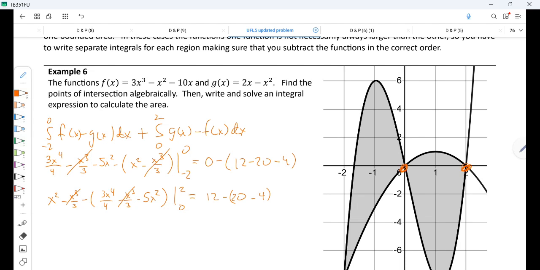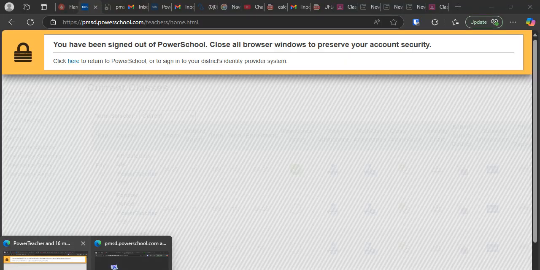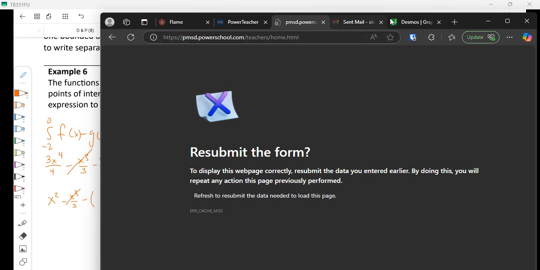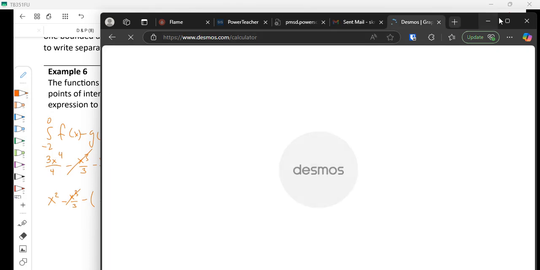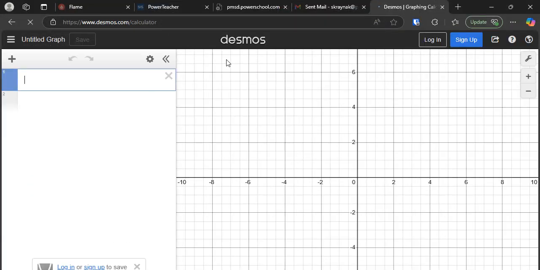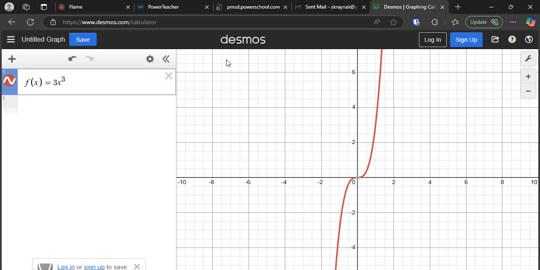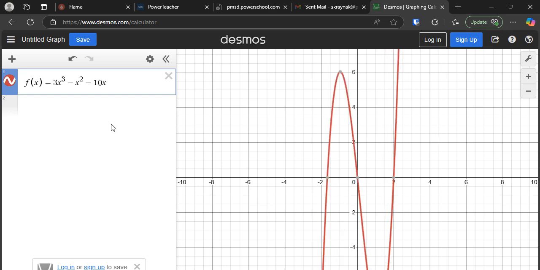It's the -2, never really. All right, quick Desmos here. Make sure I didn't mess up the drawing. I can't imagine me not writing myself a note if it was wrong. So f of x equals 3x cubed minus x squared minus 10x, but the thirds cancel out, so you shouldn't have any thirds.